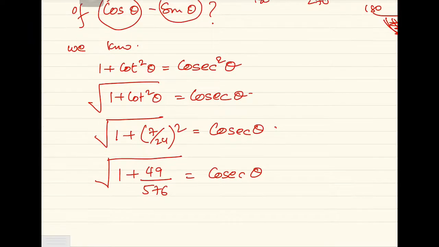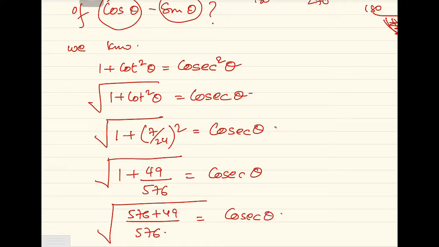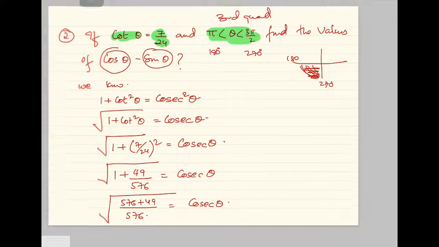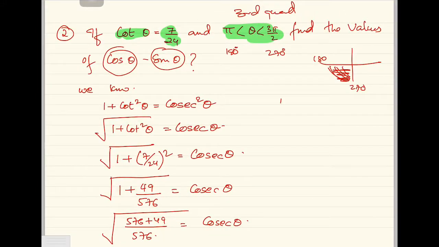So now let's simplify this. Taking the LCM, I get 576 plus 49, and that side I'm getting cosec theta, correct? So that gives me square root of 625 divided by 576 equals cosec theta, because 576 plus 49 gives 625.